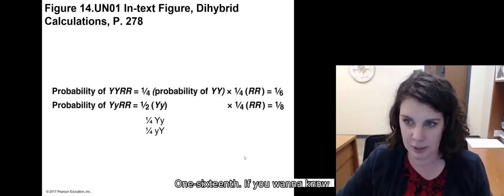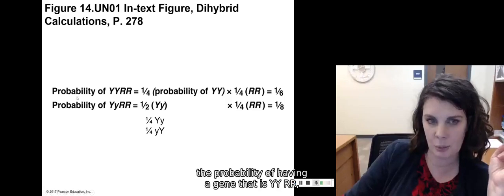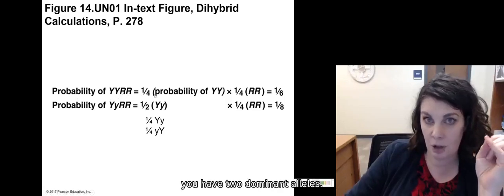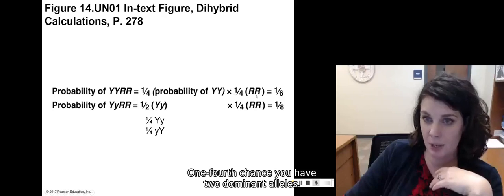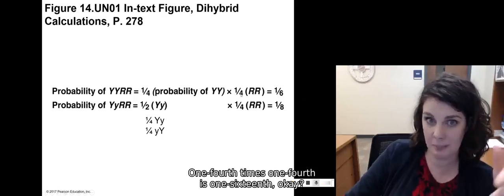I do want to say right here, this 1/6 should say 1/16. So if you want to know the probability of having YYRR, you say a 1/4 chance of two dominant Y alleles, and a 1/4 chance of two dominant R alleles. 1/4 times 1/4 is 1/16.